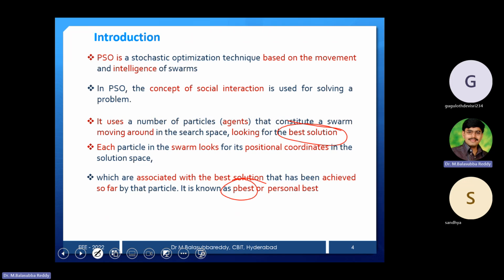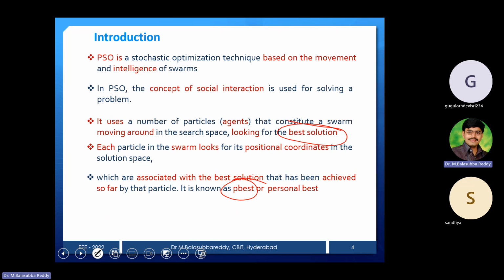But once you want to identify who is the topper, the one having the highest percentage will be treated as the global best. For the topper, that is also a personal best. For the rest of the persons, whatever their individual marks are, that is a personal best.